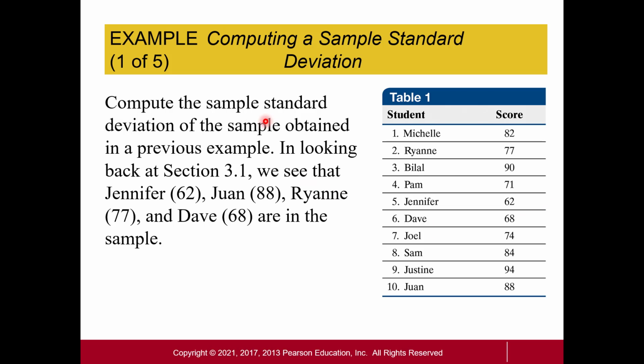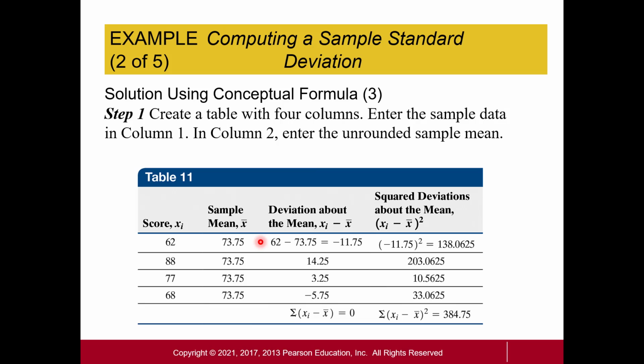So we're going to compute the sample standard deviation of a sample of these scores, and we're going to take 4 students with the scores 62, 88, 77, and 68. Okay, so we're going to use our conceptual formula. So I have our 4 scores.